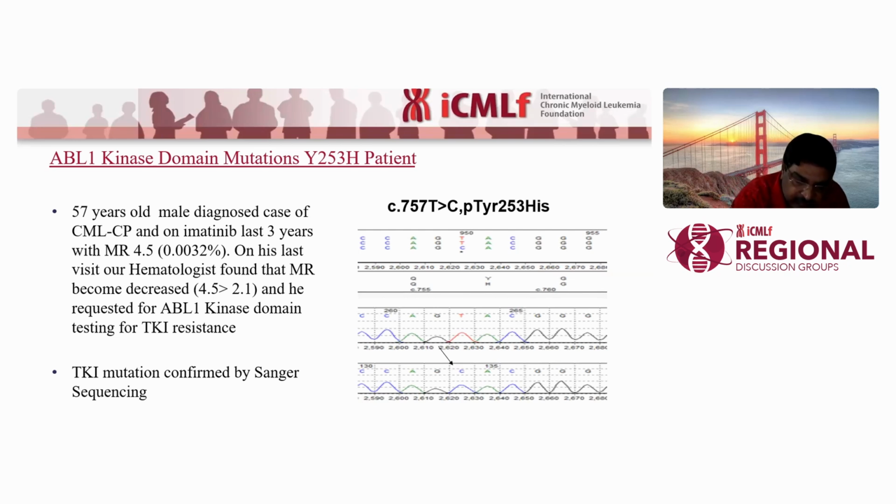In that, we have seen, as he said, that sometimes you don't get anything, but the patient is suboptimally responding. Many times we have seen that exon 7 will be completely deleted, meaning there is no amplification of exon 7. That's the commonest exon that will not amplify. These are normal things, but they are not pathogenic. Sometimes there will be insertions and deletions in the exons, but they are not pathogenic.